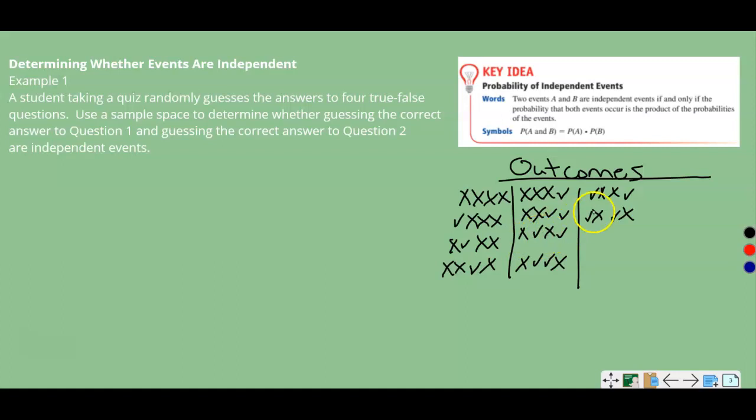Now, we just don't have 2 check marks at the beginning, so we're going to move this check mark over beside of this one. So we're going to have correct, correct, incorrect, incorrect. Okay, I think that's all the options for 2 correct. So now we're going to have incorrect and 3 correct.